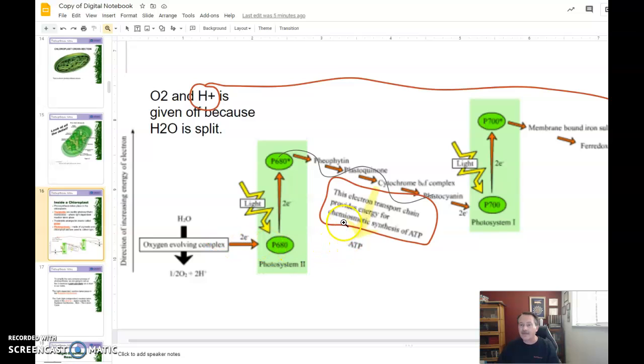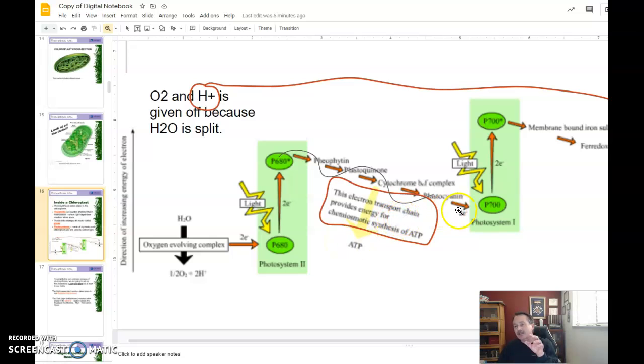And then you have photosystem 2 that is releasing its electrons, but they're so energized that they now have to run through the electron transport chain, or the ETC. As it runs through the ETC, that energy is being used to create more ATP.